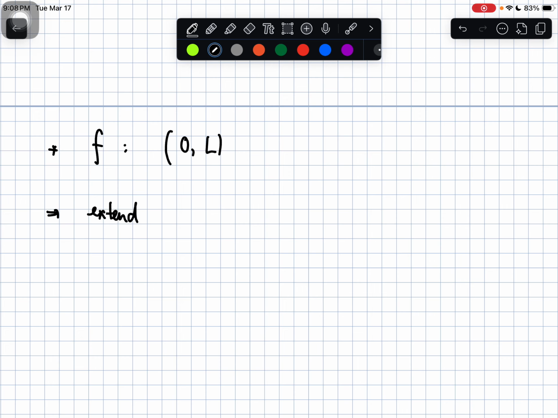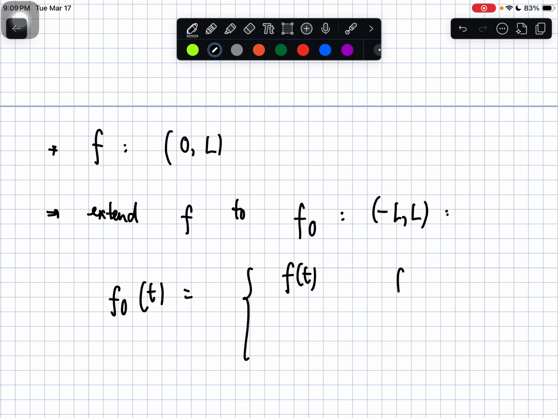Extend f to f odd from minus L to L in the following way. f odd of t is equal to f of t for t between 0 and L, and equal to minus f of minus t for t between minus L and 0.